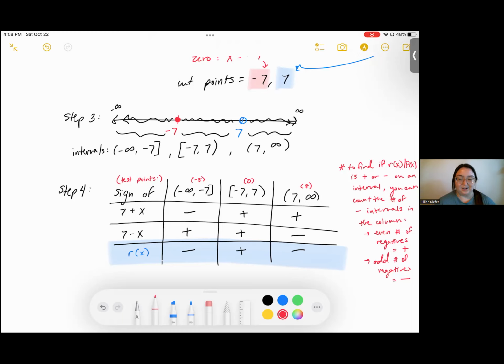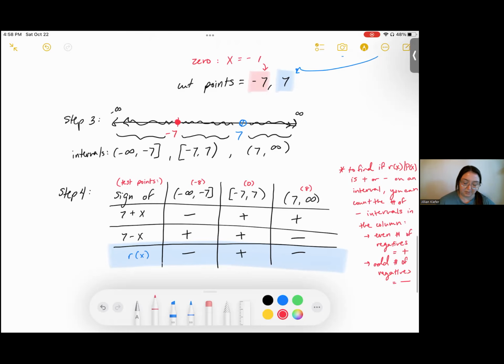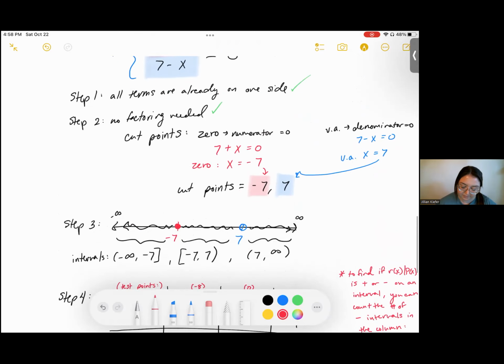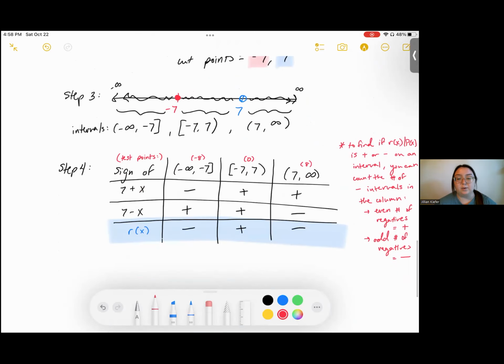Either way, here we go. With a rational function, we've determined whether or not it's positive or negative on specific intervals. We want to review what we want. We want to know, when is our rational function greater than or equal to 0? So we'll go to our function here.